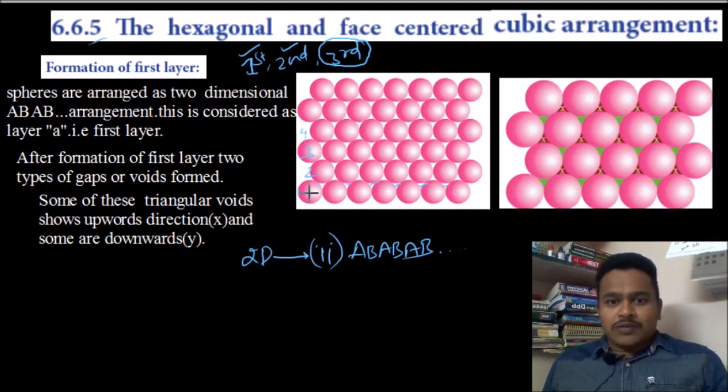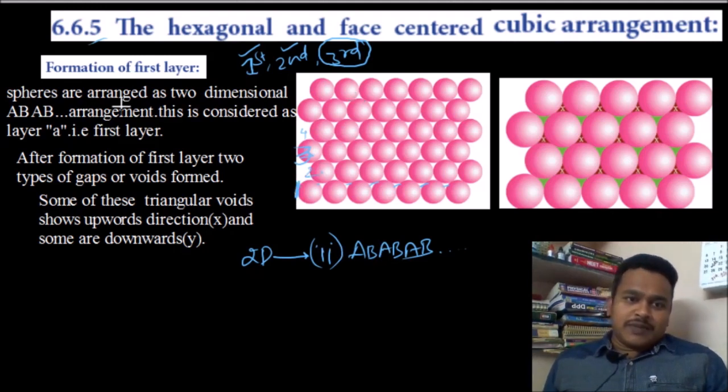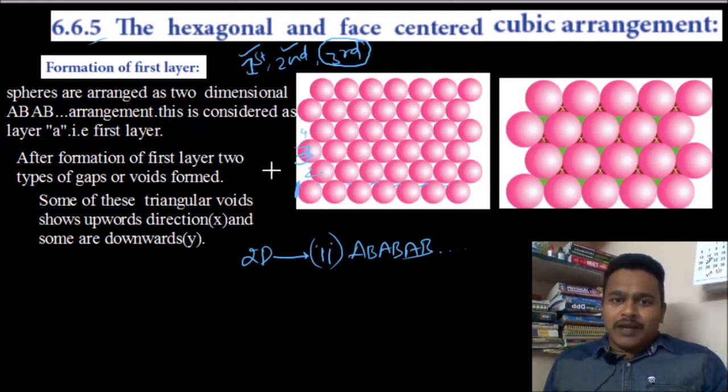The first and third rows are similar, so this is the AB arrangement in two dimensions. The spheres are arranged as a two dimensional AB arrangement, and this complete layer is considered as layer A.